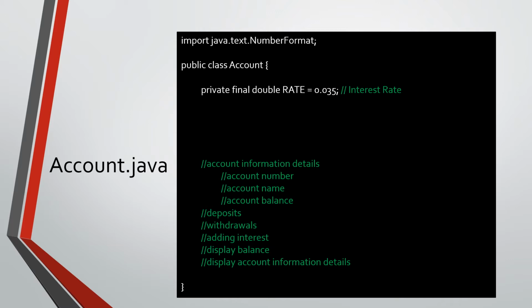So let's create private long accountNumber, private String with a capital S, name, and private double balance. Notice how these variables are uninitialized. We have not set a value for them. This initialization will be done with the help of our parameters in the methods we will create and later call in the main method of the Transactions.java file.